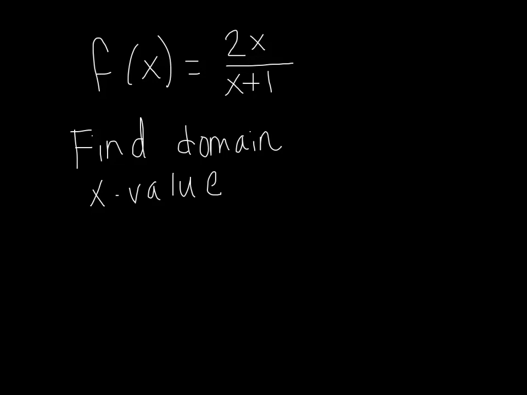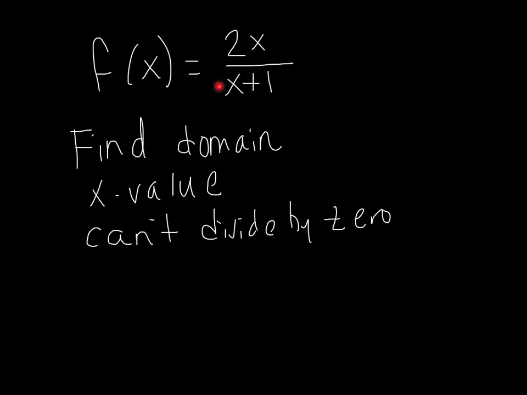On a rational function, the concept that we're going to be using is that we can't divide by 0. Division by 0 is undefined. So I cannot have a 0 underneath this fraction. Anytime I had 0, it would make the whole thing undefined. So that's the only value for x that we can't have.